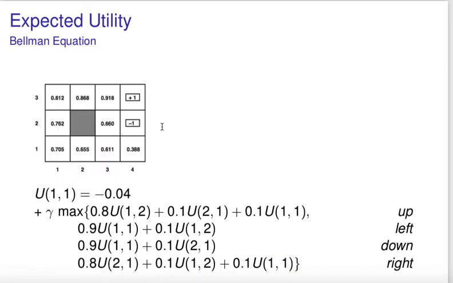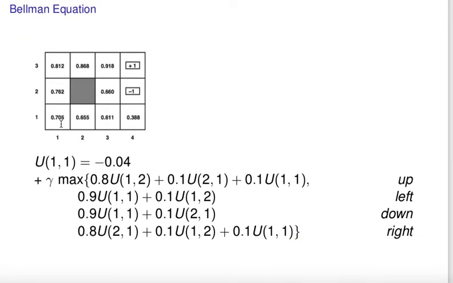So let's look at it at work. So first, I can randomize these values. Let's say that these are randomized. I know that the utility of 1,1 is negative 0.04 because that's all there is there, right? Now, if I go up, I need to compute the maximum of all the actions.